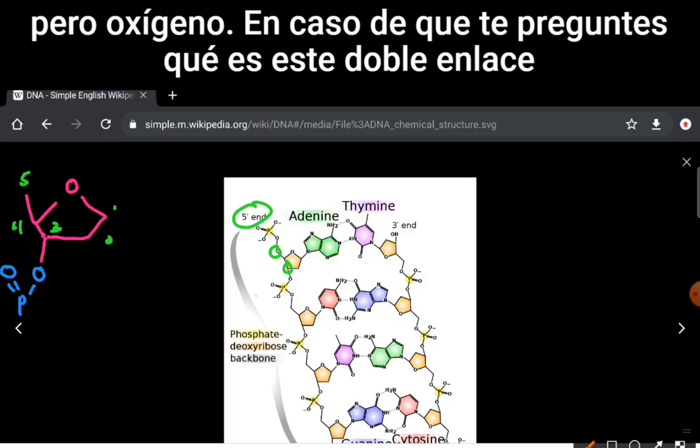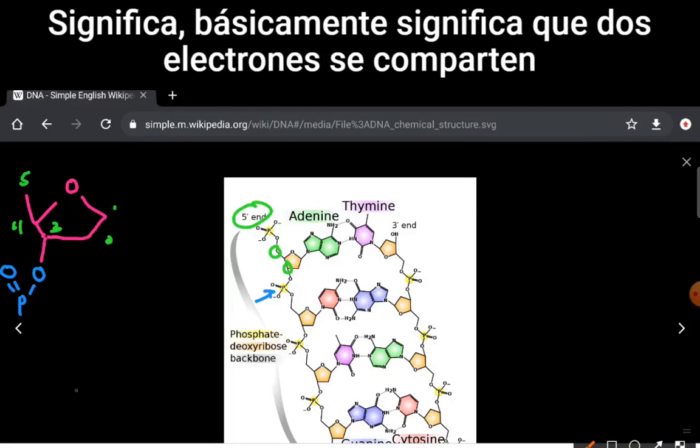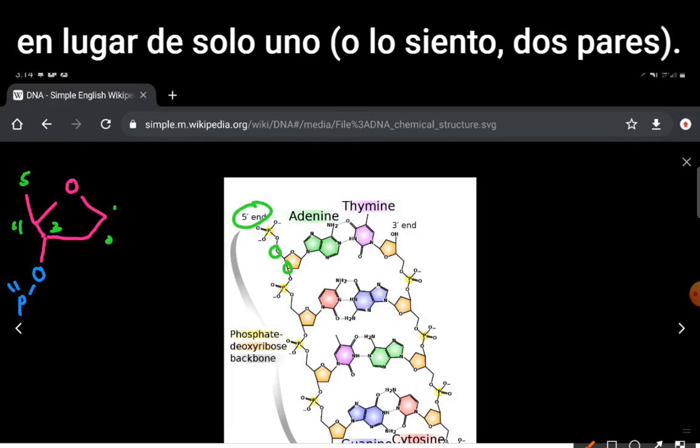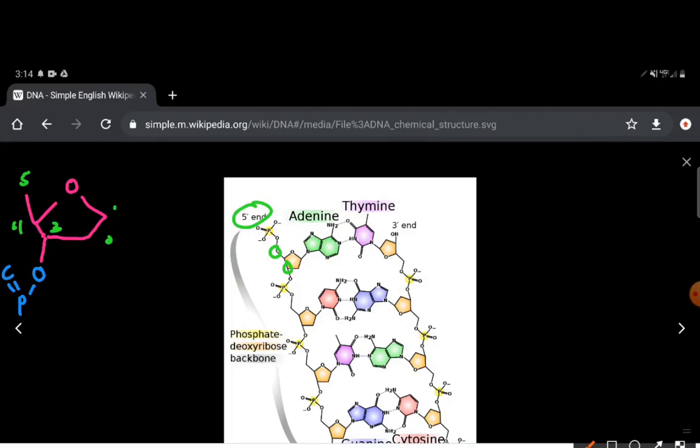In case you're wondering what this double bond means, it basically means that 2 pairs of electrons are being shared rather than just 1 pair.